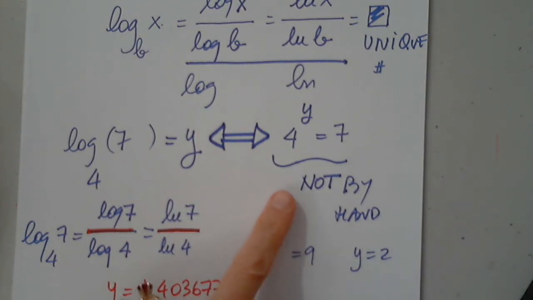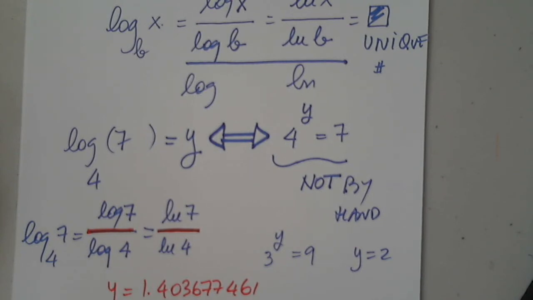Exactly how we wrote it here: 4 to the power, and I always have to have parentheses, second answer. Because if I round or truncate the number, I will never get 7. But if I ask the calculator to use this ratio, not this number, when I click enter, I will get 7.